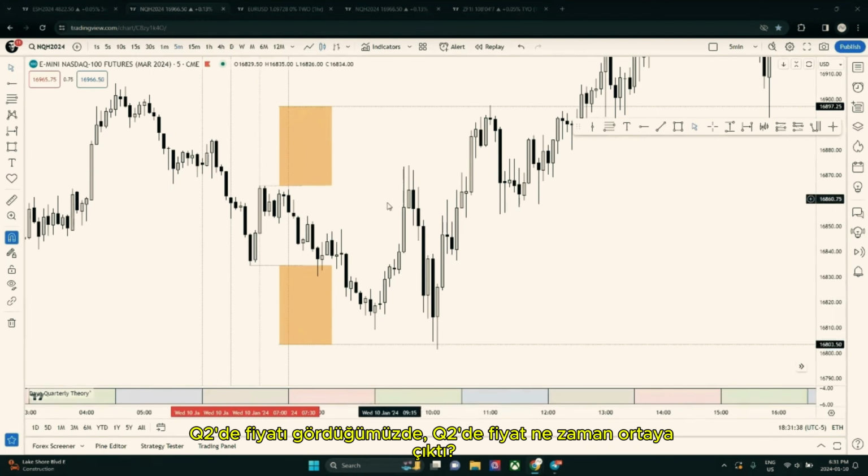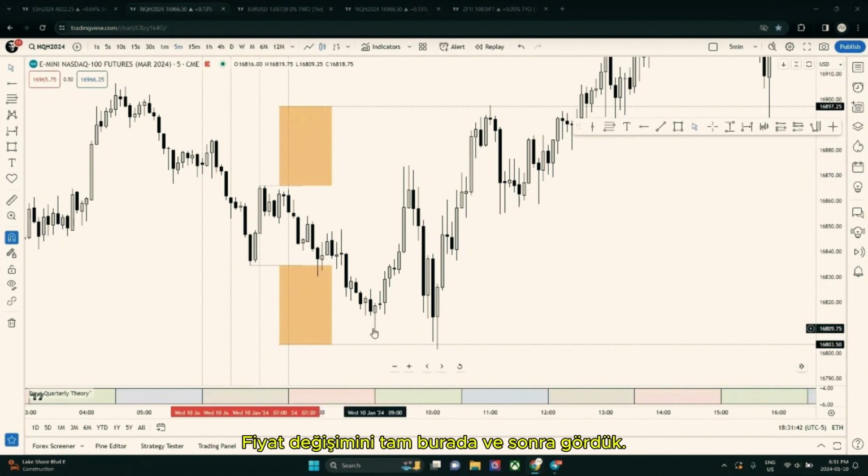So when price in Q2, when we saw price trade right here and then rally, then we wouldn't react, right? Because guess what's happened? Price did not trade to the low of the standard deviation right here.